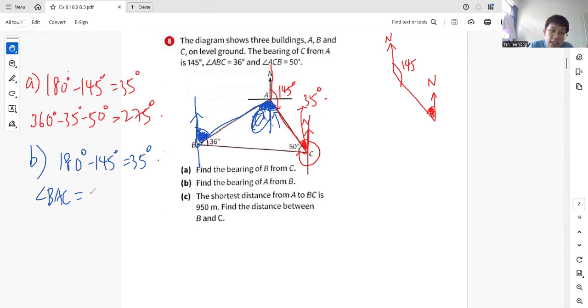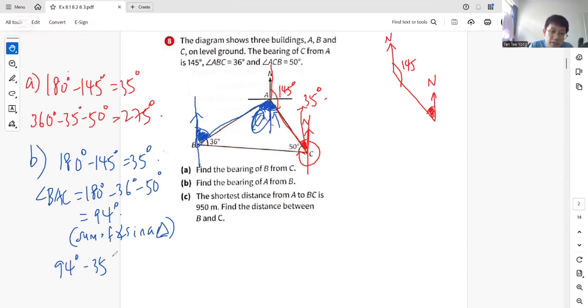Angle BAC equals 180 degrees minus 36 degrees minus 50 degrees, which gives us 94 degrees. This is the sum of angles in a triangle. To find the remaining angle here, we take 94 degrees minus 35 degrees.